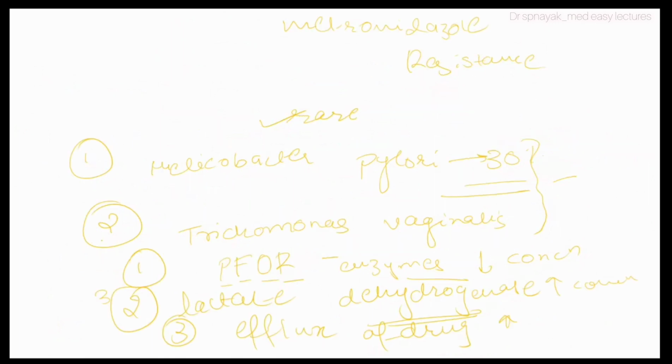So these are the three mechanisms of resistance, that is either the P4, the pyruvate pyridoxine oxidoreductase enzyme concentration is reduced, or the lactate dehydrogenase concentration increases, or the efflux of the drug from the cell increases, right?